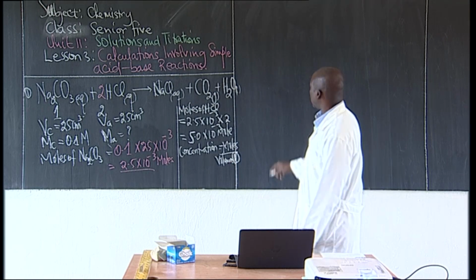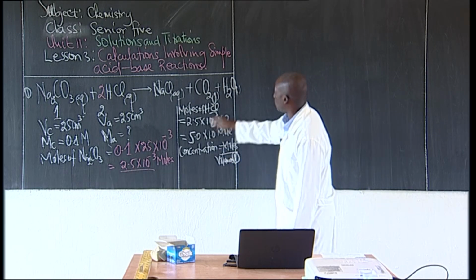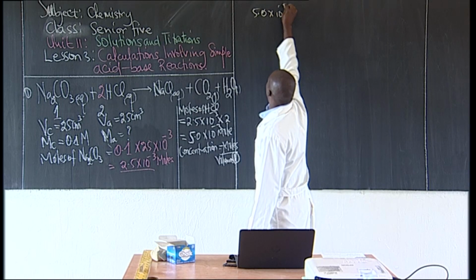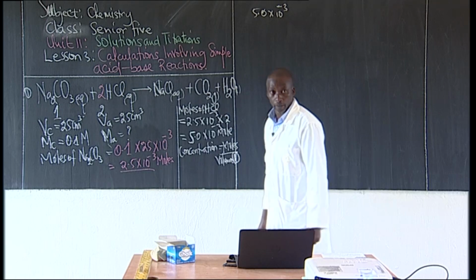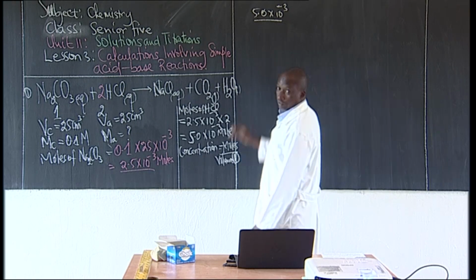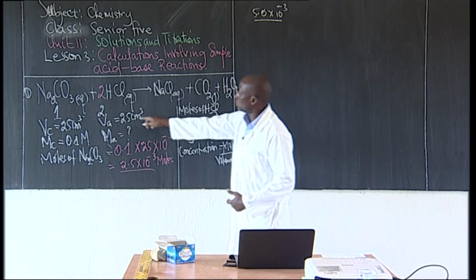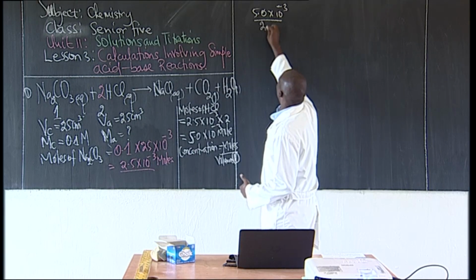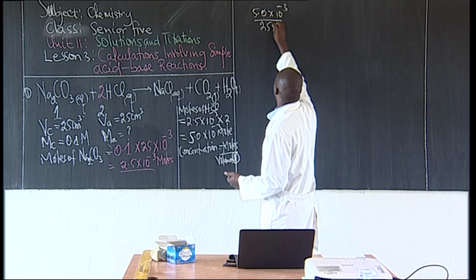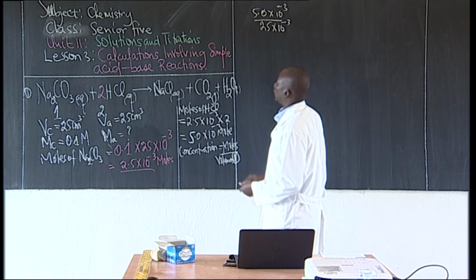So we take this number of moles, 5.0 times 10 to the power negative 3, and divide by the volume. What was the volume? 25, and we said it has to be in liters, so times 10 to the power negative 3.